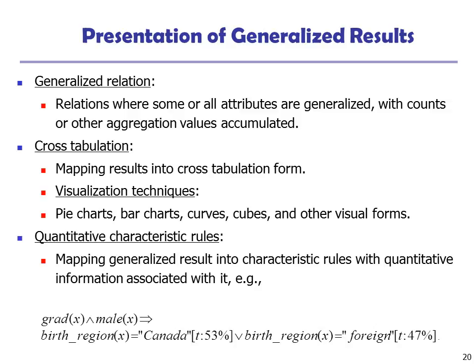So you can present the association rules and what you have learned about the association between the attributes. That is how we come up with these quantitative characteristic rules to present the information that you gathered after your attribute-oriented induction process.